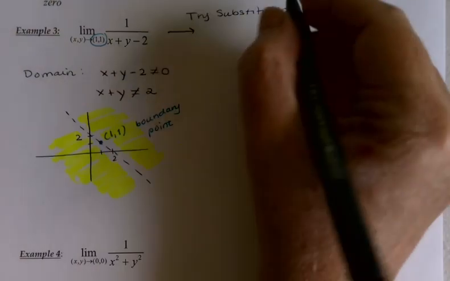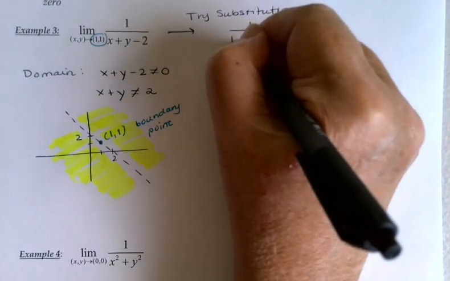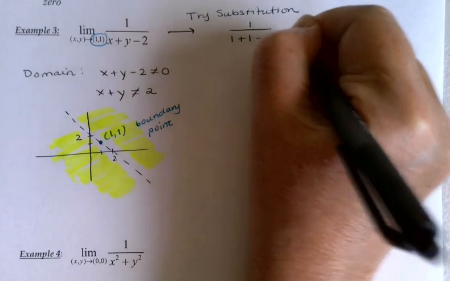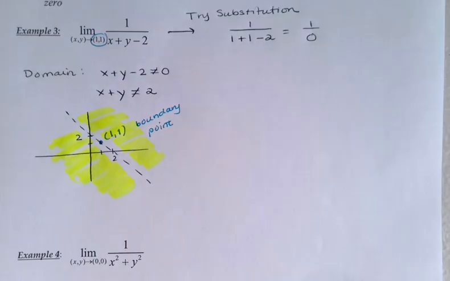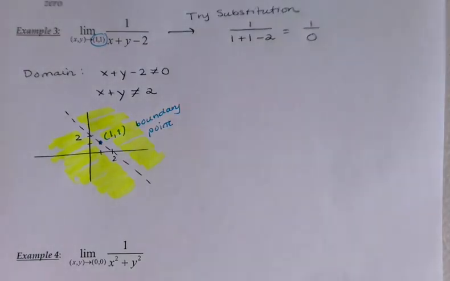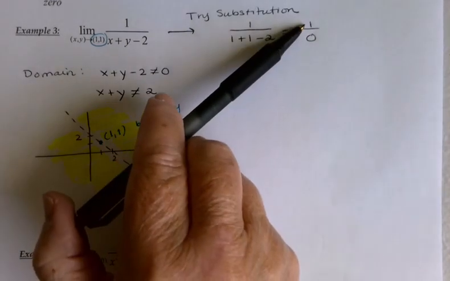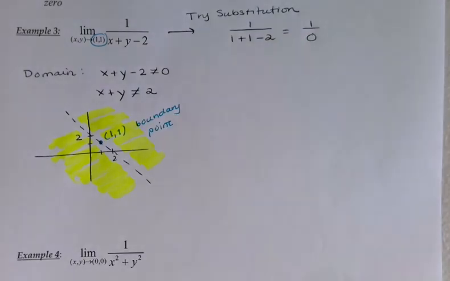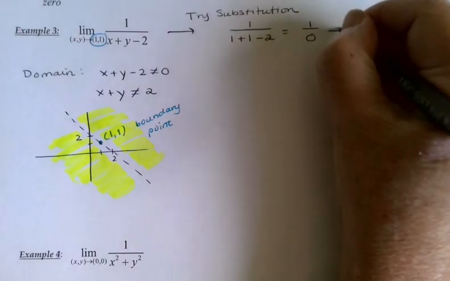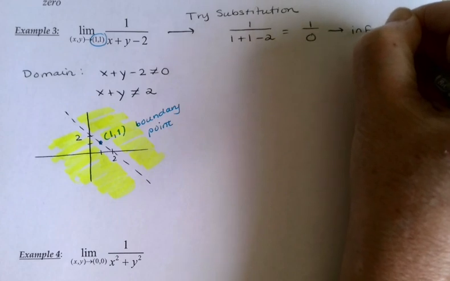And when we do, we get 1 over 1 plus 1 minus 2, or 1 over 0. Okay? This is exactly what we were just talking about. A non-zero number on the top, divided by a number really close to 0, tells us this is going to be an infinite limit.